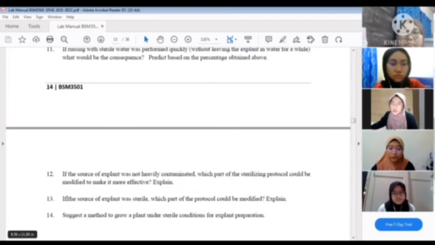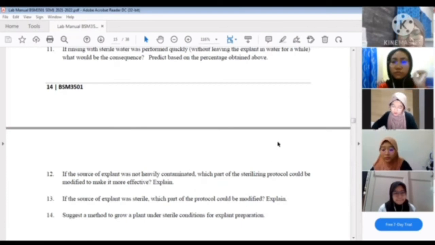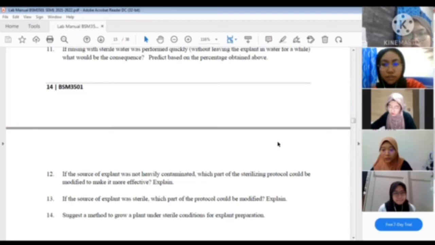Number 13. If the source of explant was sterile, which part of the protocol could be modified? Explain. My answer is, since the plant is already sterile, the explant can be prepared directly without sterilization, I think. Maybe we need to pay more attention to the culture medium, where we have to add the solutions and vitamins and plant growth regulators.